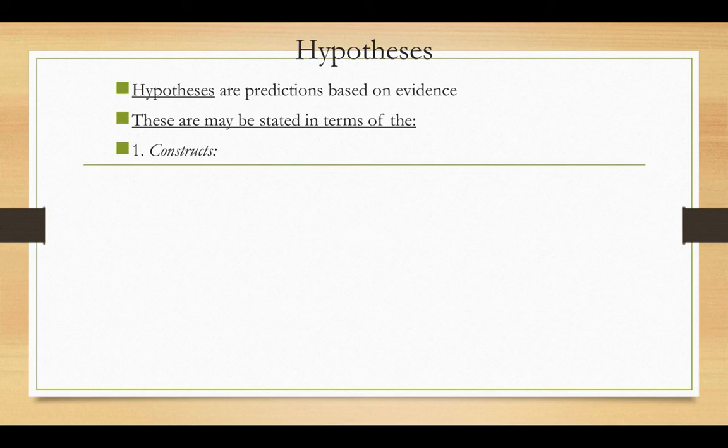When we think about constructs, things like aggression, motivation, introvert, extrovert, depression, anxiety, those are all constructs. Even though we all understand what we mean by that specific construct, we don't really know what that construct means. That's why we have to create an operational definition to define what my construct is.